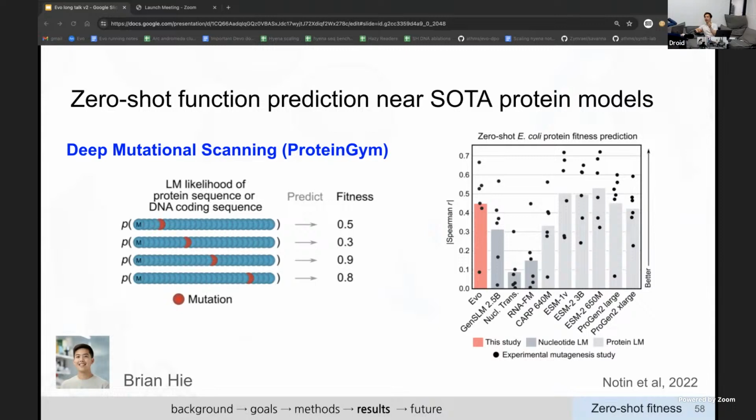Then we look at the likelihood scores from the model, the output predictions, and correlate that with some kind of fitness task. In this data set, those fitness tasks look like protein stability, protein solubility, or binding affinity, which are important for drug discovery, for example. In general, this method is done zero shot, so no fine tuning. It's a clever way to probe the model and see what it's learning without having to fine tune.